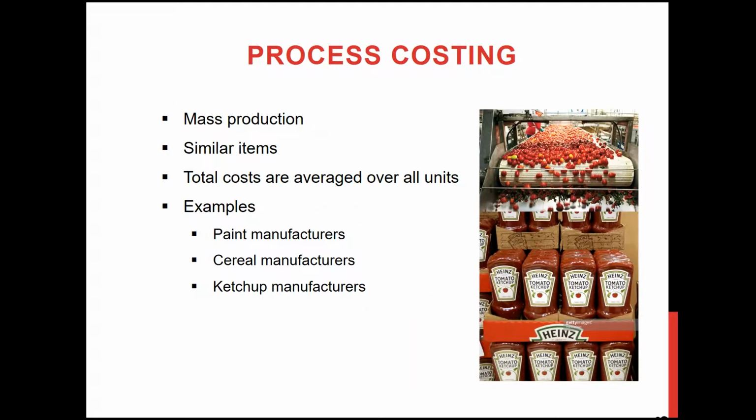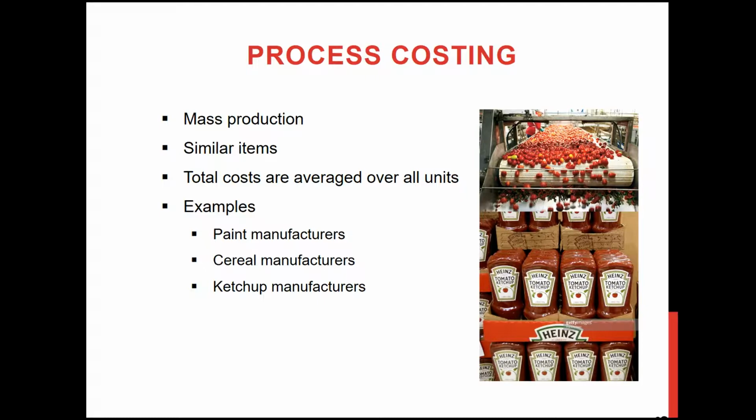Although we're going to learn process costing in chapter 4, I would like to give you a little idea about process costing too. So process costing is used by the manufacturing company that produces an extremely large number of identical products, right? And they usually use the same type of production process and almost each and every unit costs equally the same.